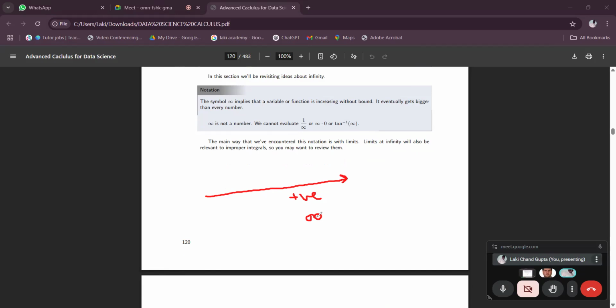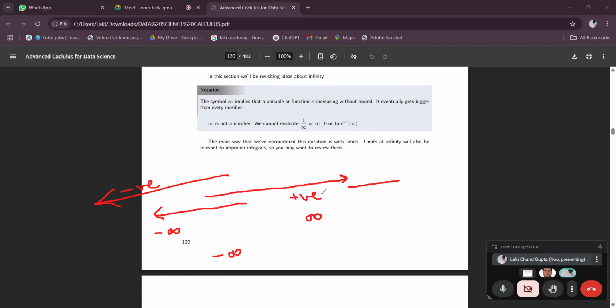If it is increasing positively, it goes to the right side. If it is decreasing, then it will be minus infinity. It means that it is going toward the left side. Minus infinity represents what? The function is decreasing without any bound.